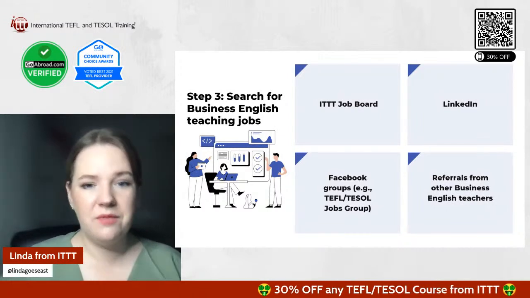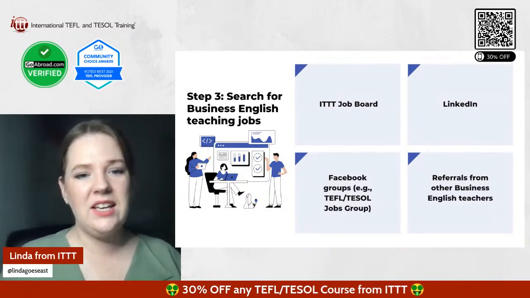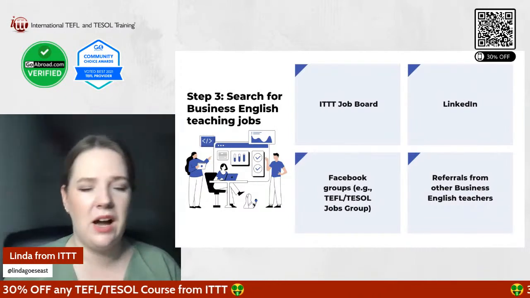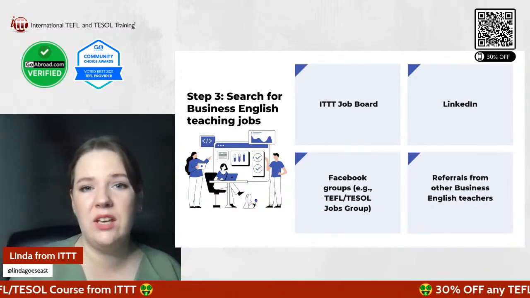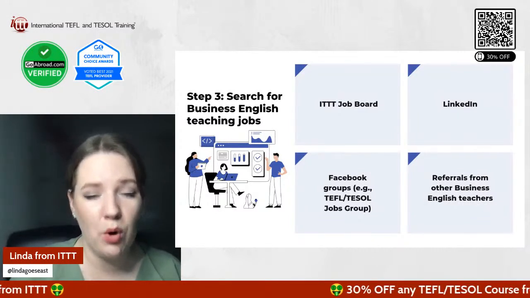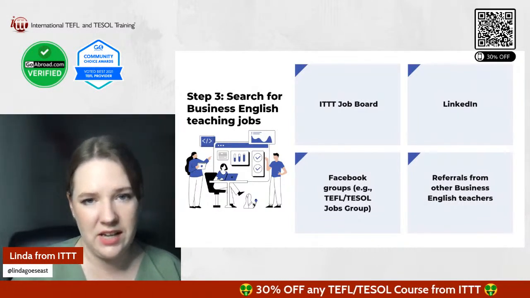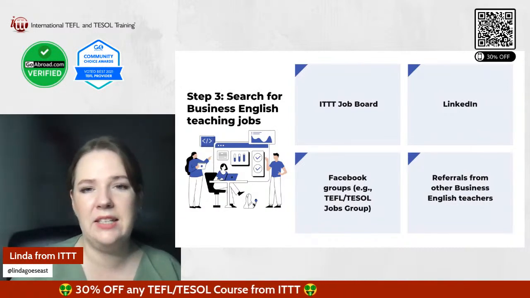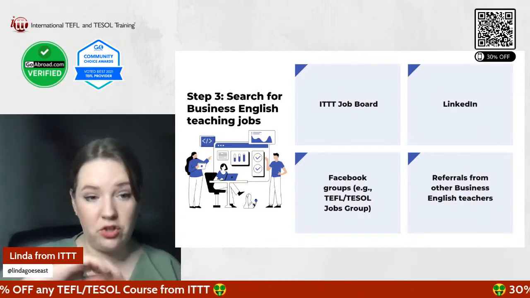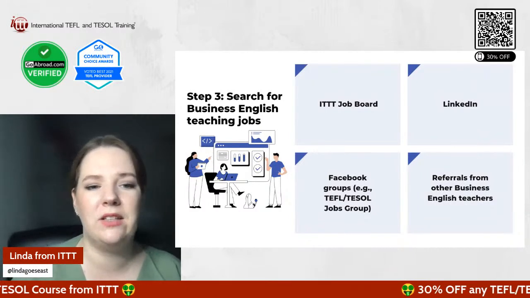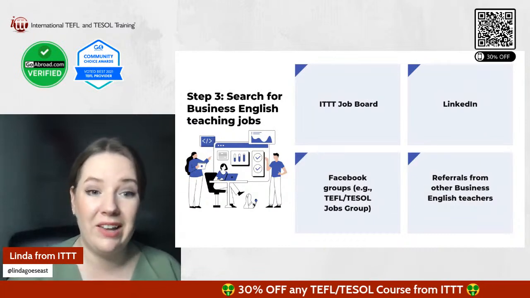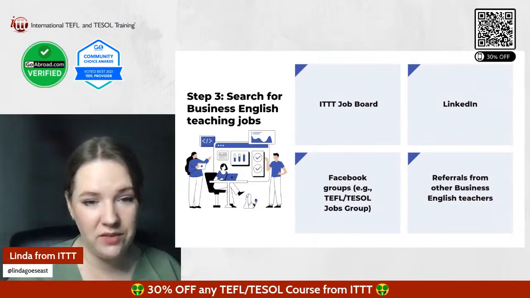First of all, the first source that I mentioned, of course, is the ITTT job board. And with the courses that you take, you have access to career support services. So when you speak with one of our consultants at the end of your course, you can mention that you would like to get into business English teaching, and they will help you find a relevant business English teaching position.